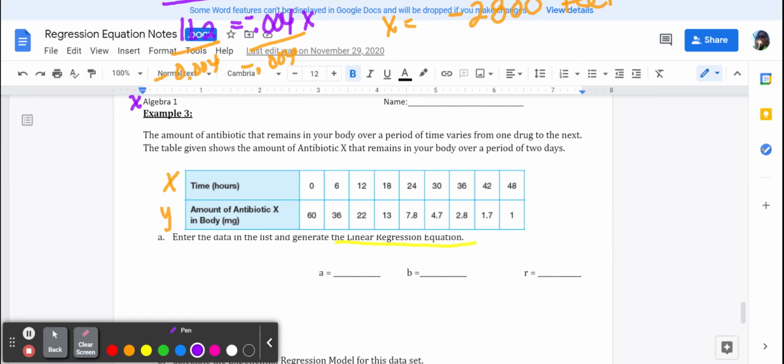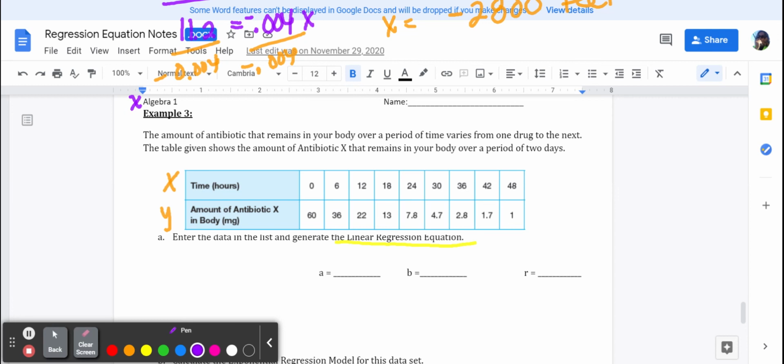And then in L2, I'm going to put in the amount of antibiotic. So 60, 36, 22, 13, 7.8, 4.7, 2.8, 1.7, and 1.